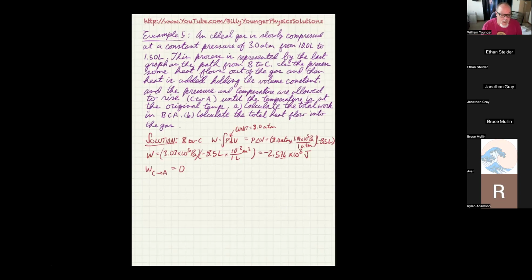And then, of course, the total work done during the compression, B to D, is negative 2.576 times 10 to the third joules. Work from C to A is 0. And what we were asked to calculate is the total work in going from B to C to A. Let me double check that. Yeah, B to D to A.